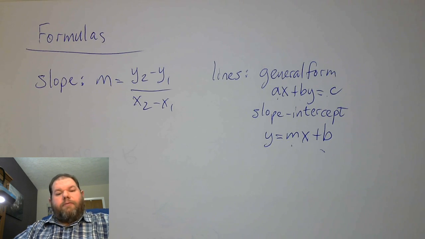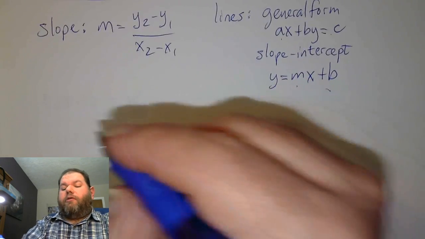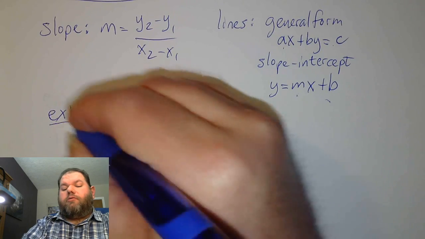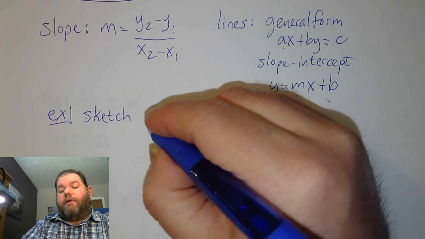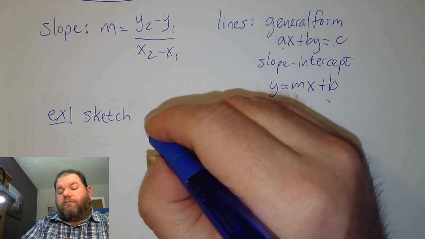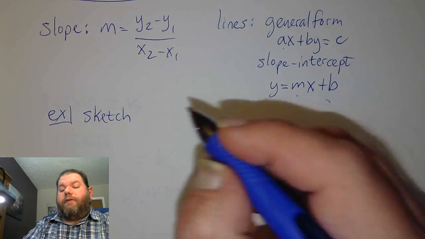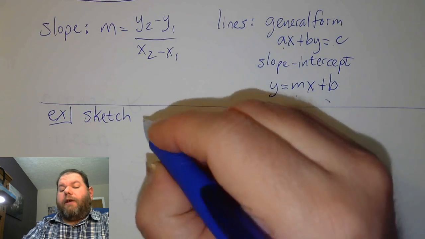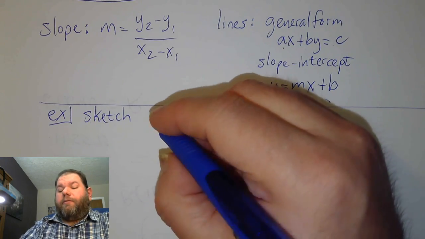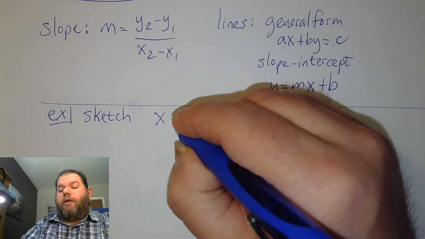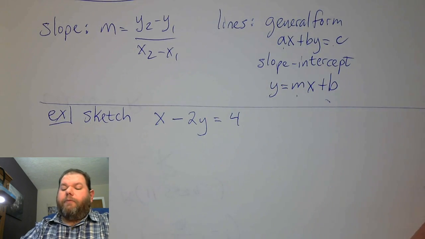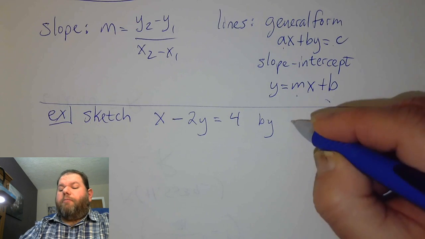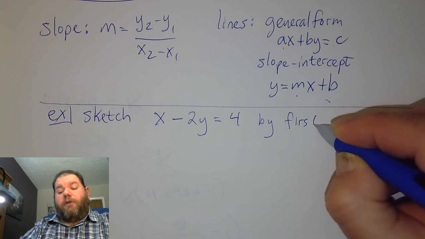Just to give an example, let's suppose that we want to sketch x minus 2y equals 4 by first writing it in slope-intercept form.